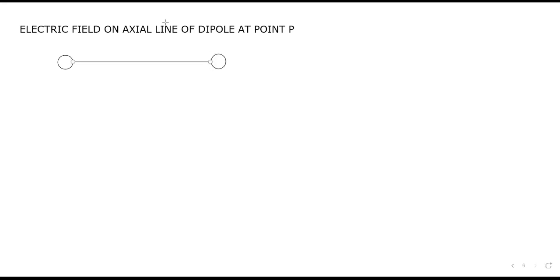We are going to calculate the electric field due to this dipole at the position P. This is your position P. Are you clear? Now join this point P from here.